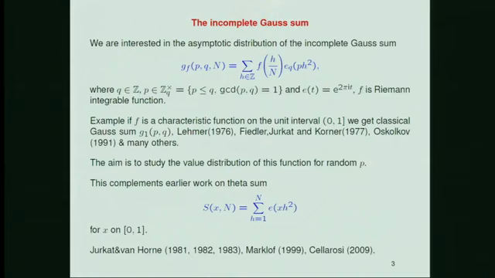In the literature, Lehmer studied this incomplete Gauss sum in 1976, Fiedler, Jurkat and Körner in 1977, and Oskolkov in 1991, and Paris and others more recently. So our aim in this study is to study the value distribution of the function for random p. Then we can just choose random p from Z_q star.